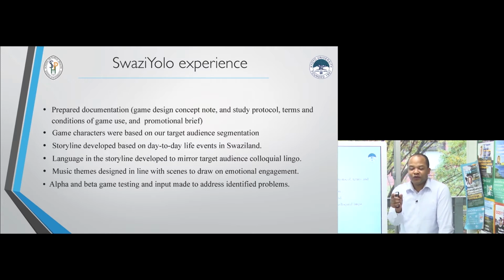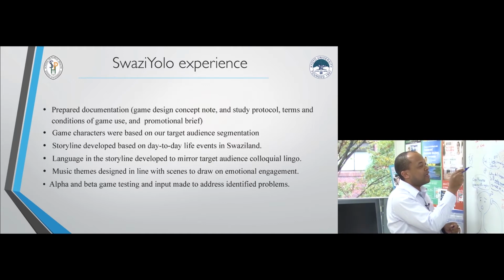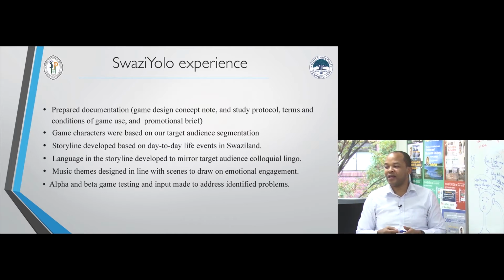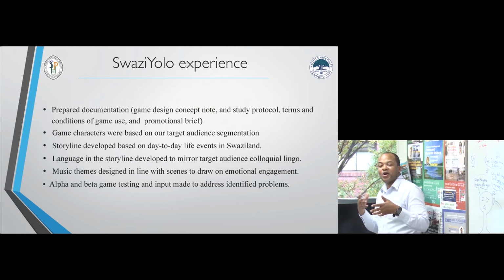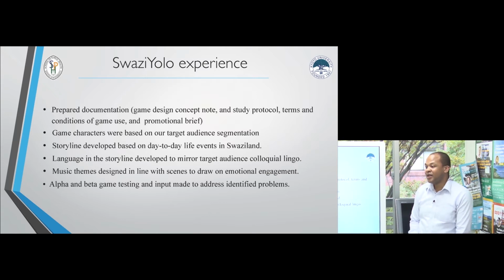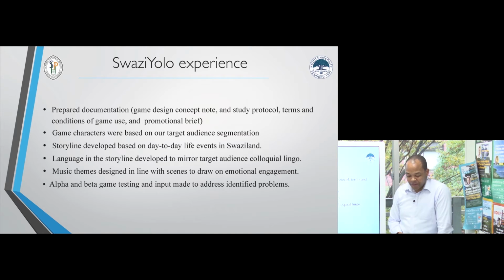For example, we use a lot of short language. For example, in the game, we write "two" like this, right? But everyone else in our target audience writes "two" like this when they're typing or when they're on social media. So this kind of short lingo that is popular in social media and other forms of online platforms, we needed to learn and actually incorporate in the game, because that's what we learned from the target audience.